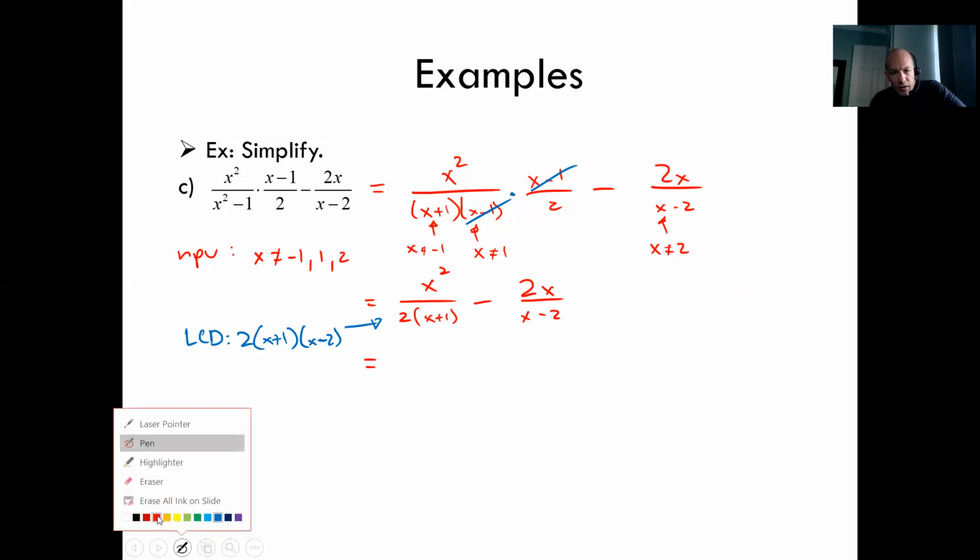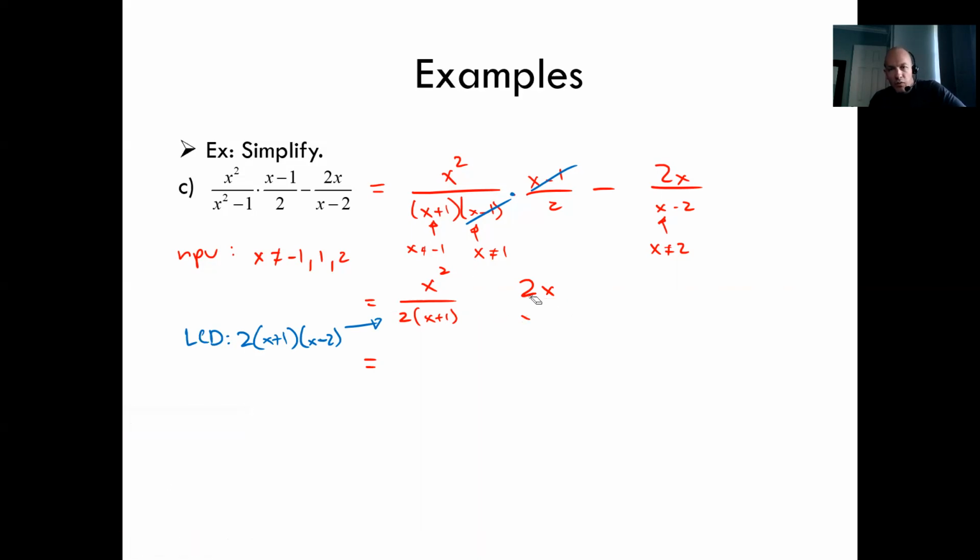Okay, just to save a little bit of writing, I'm going to move this over, leave myself a little bit of room here. I'm going to show this all in one step. Okay, and then this one is going to get multiplied by 2 and x plus 1.